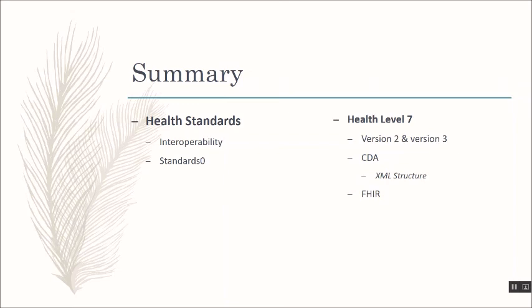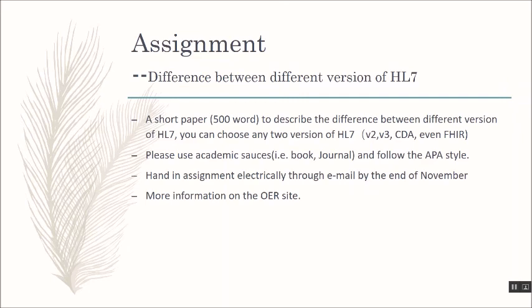We learned the version 2 message, how it looks and how it's built, and version 3, which we compared with version 2. We looked at an example of the CDA documents, which are based on XML structures. We also talked a little bit about FHIR, which I will leave to you to find more information about. That has led to our assignment.